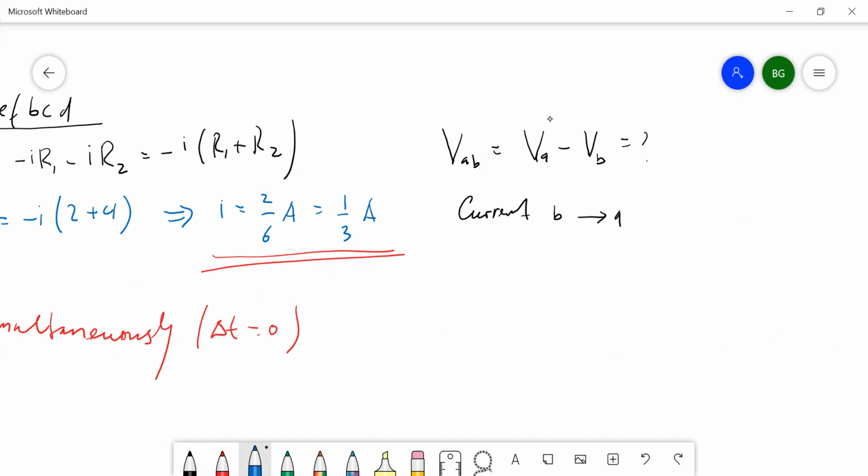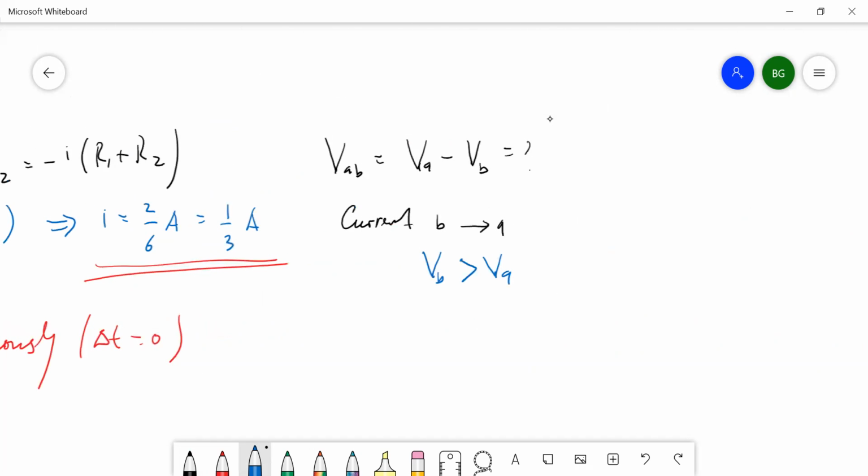It means that VB is greater than VA, because the current is the direction of positive charge. Charge moves from higher to lower potential. So the answer is VB is greater than VA.